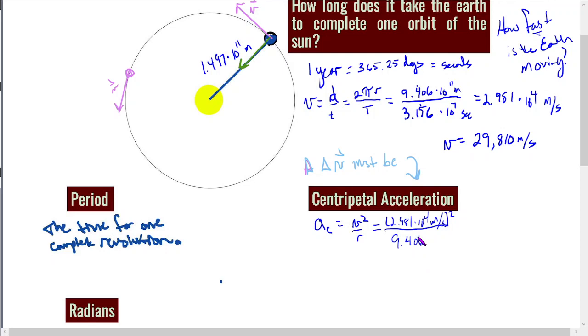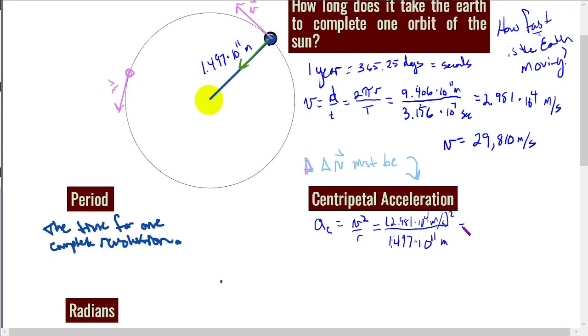No, I'm sorry, 9.406 was the circumference, not the radius. The radius was 1.497 times 10 to the 11th meters, right?